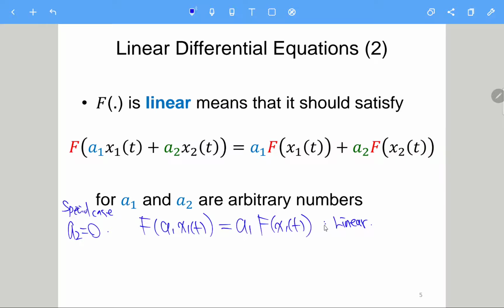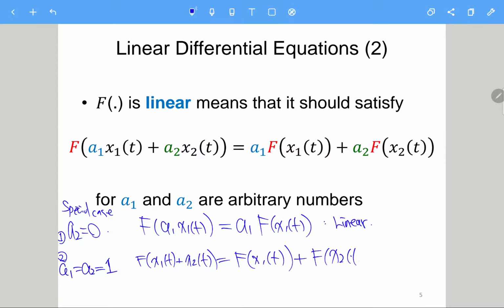Another special case is that a1 equals a2 equals 1. In this case, it will look like f of x1 of t plus x2 of t equals f of x1 of t plus f of x2 of t.